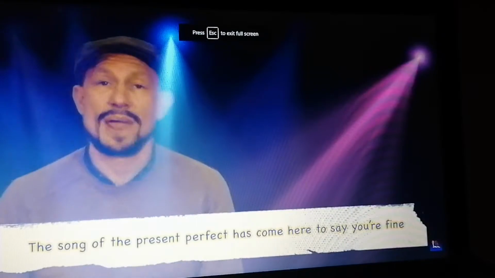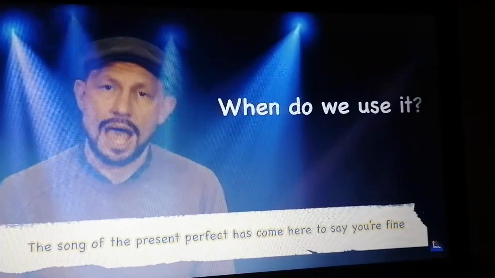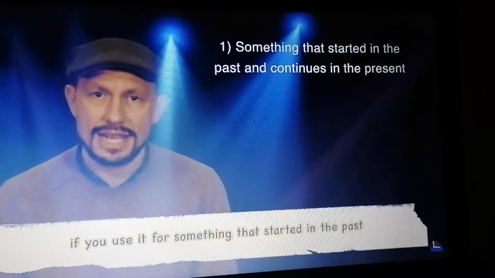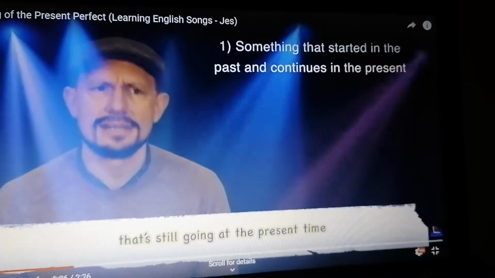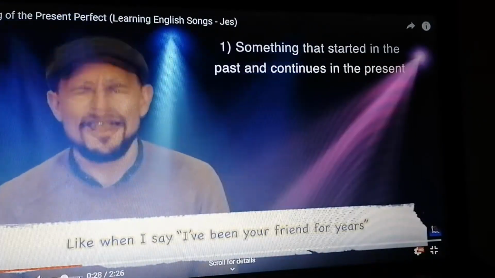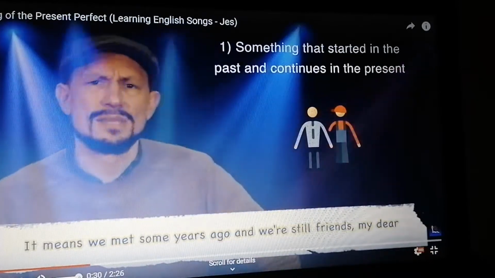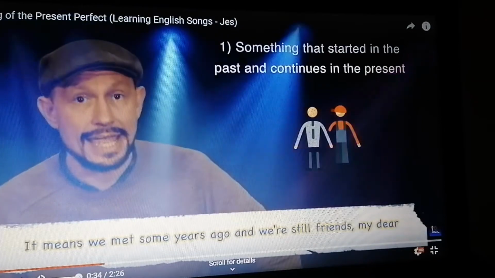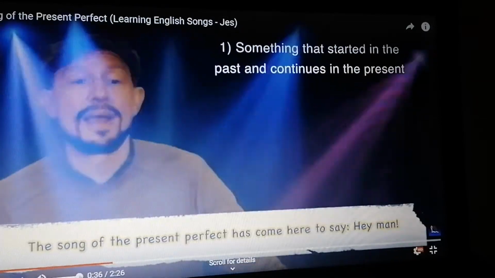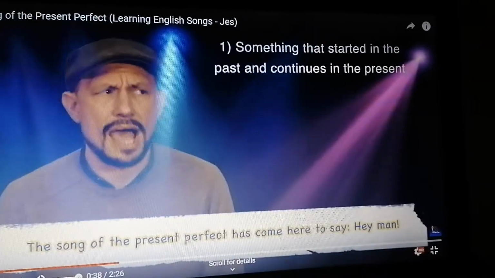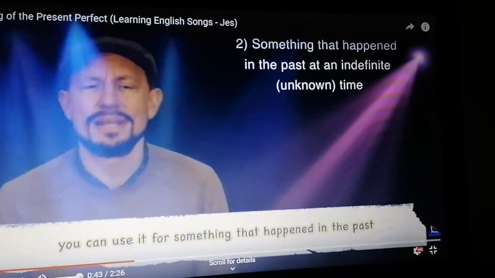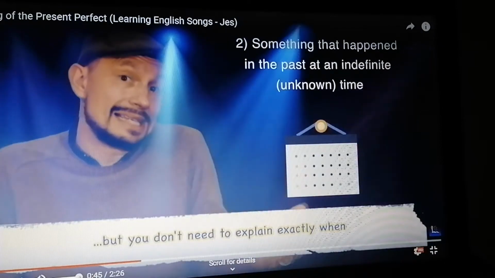The song of the present perfect has come here to say you're fine. If you use it for something that started in the past that's still going at the present time, like when I say I've been your friend for years, it means we met some years ago and we're still friends, my dear. The song of the present perfect has come here to say, hey man, you can use it for something that happened in the past, but you don't need to explain exactly when.